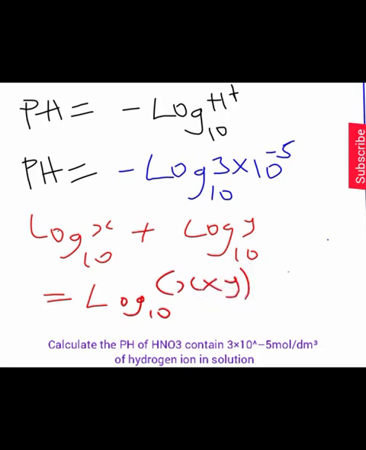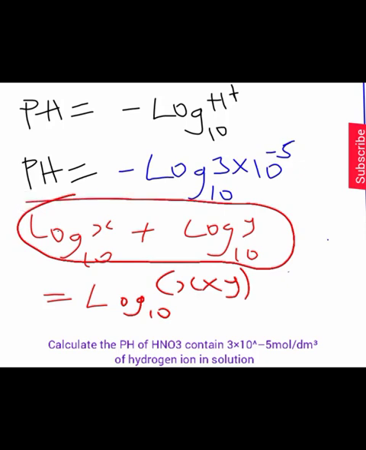This is how we solve things like this. Whenever you see multiplication, you can convert it to a plus rule, or whenever you see a plus rule, you can convert it to multiplication.